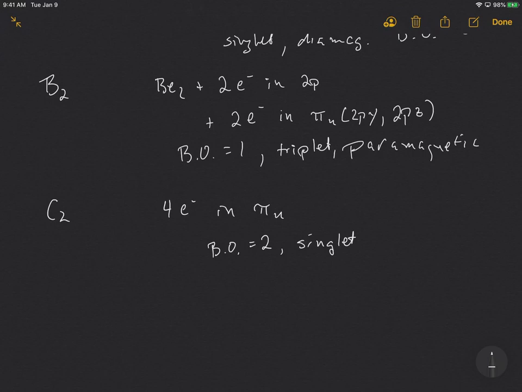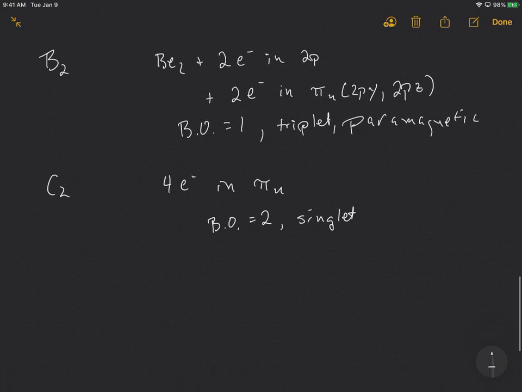And because it looks like it should be a relatively stable molecule, it has a bond order of 2. And so this is known to exist, even though, of course, it's not the typical state of carbon, which is, say, graphite or diamond, but in the gas phase in a plasma, C2 can exist.